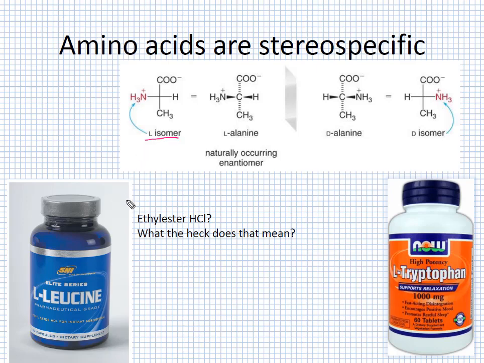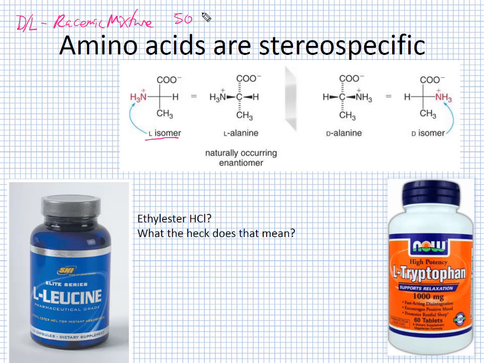So you can go to a drugstore or whatever and buy amino acids as supplements, and sometimes they'll sell you a mixture, what we call a racemic mixture. It's a DL, which we call a racemic mixture.